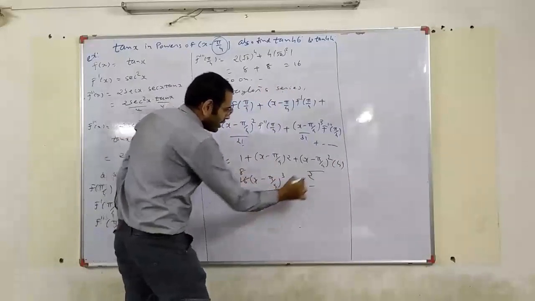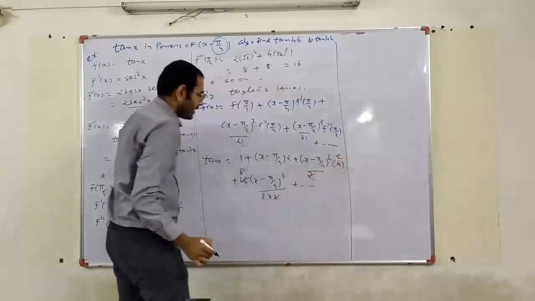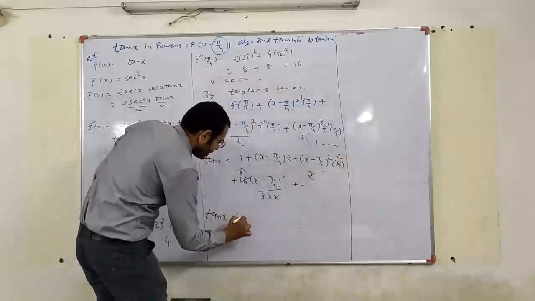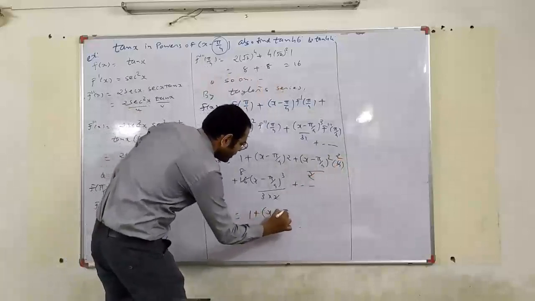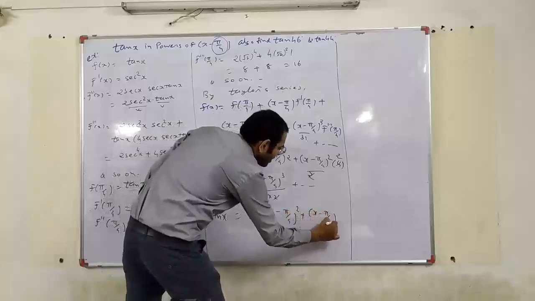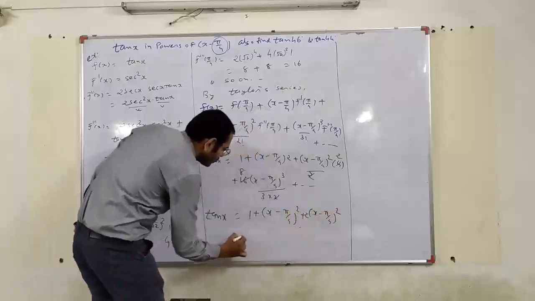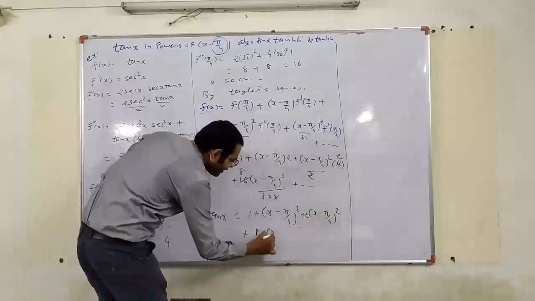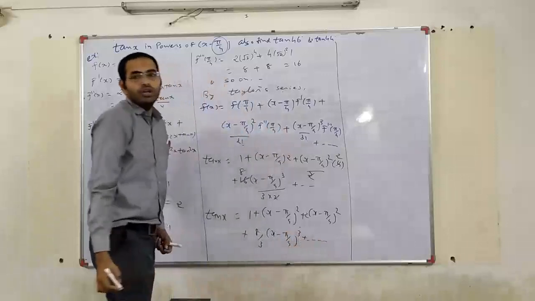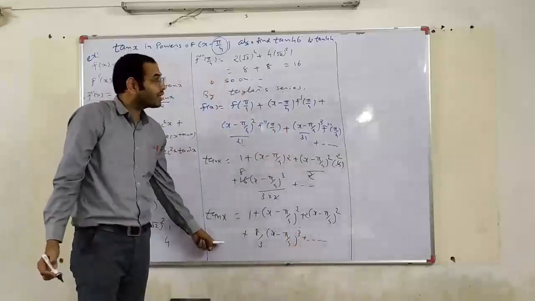Then we get the Taylor series of tan x: 1 plus 2 (x minus pi by 4) plus (x minus pi by 4) whole square into 2 plus 8 by 3 (x minus pi by 4) raised to 3, and so on. Here we get the Taylor series.